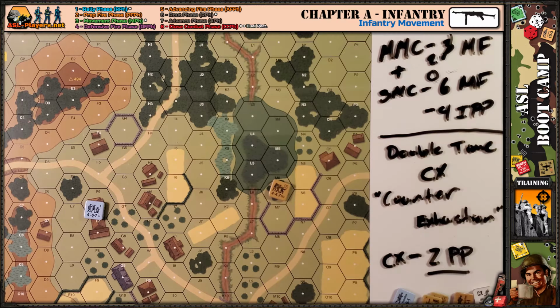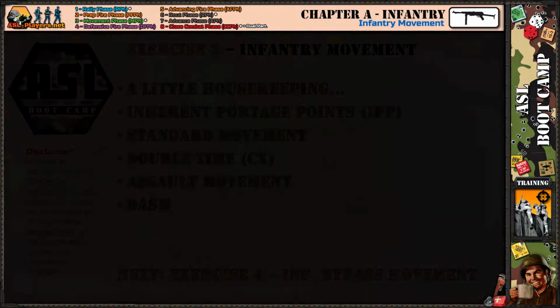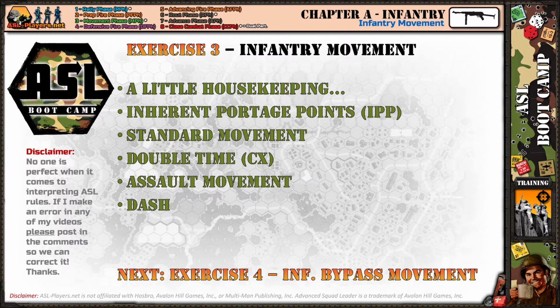I think that's it. I'm sure I probably mucked up a few things here and there, but it gives you a high level understanding of what portage points are and how standard movement works. Pretty simple. Hexes cost movement factors to enter. Let me show you one thing real quick. Let me get out my RAT chart.